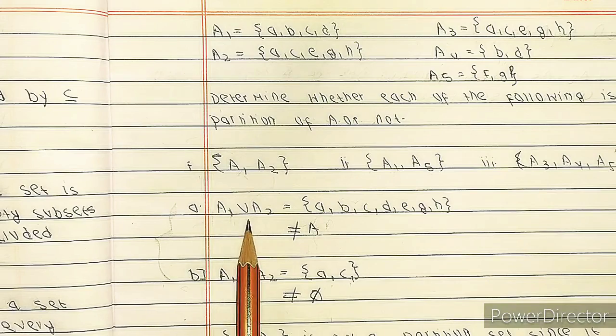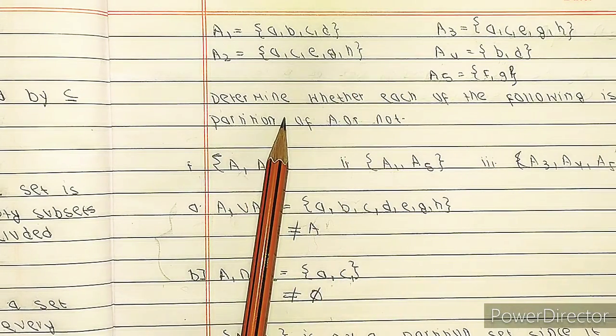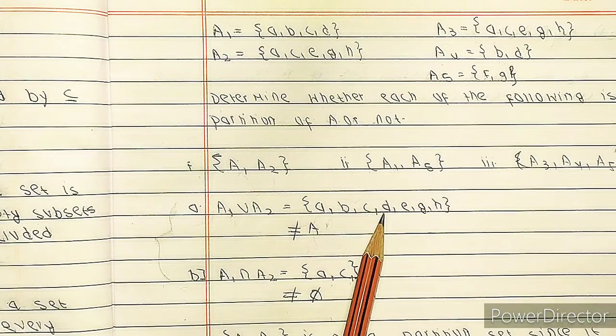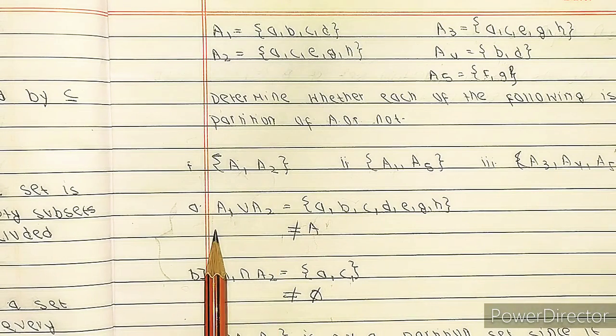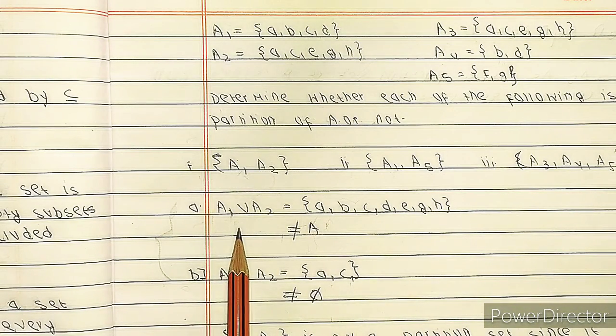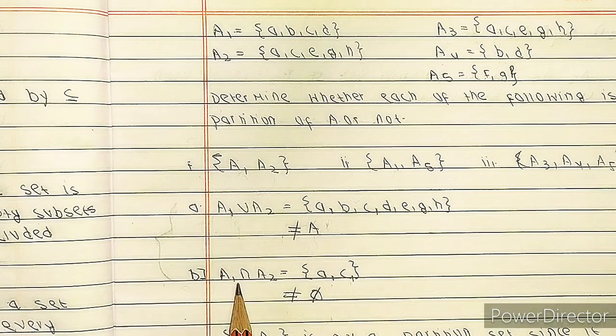A1 is {A, B, C, D} and A2 is {A, C, E, G, H}. What do you get? A, B, C, D, E, G, H. You didn't get F, so it is not equal to A. Number 1 condition is wrong.